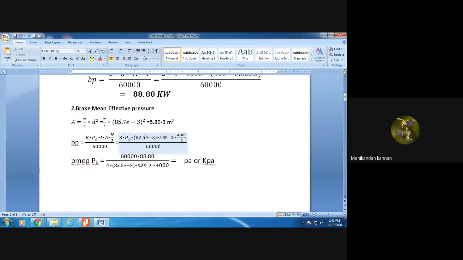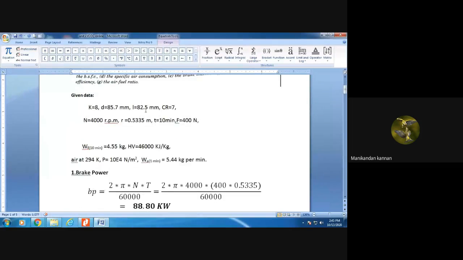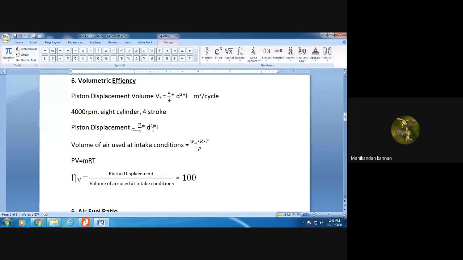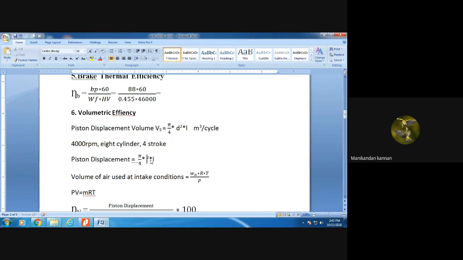The bore diameter is 85.7. So what I am doing here, the formula I have taken from, piston volume you find out separately.